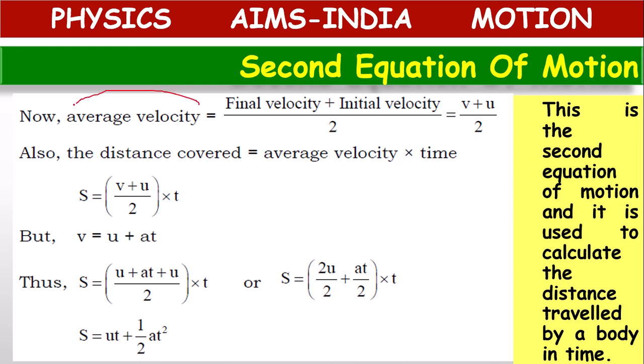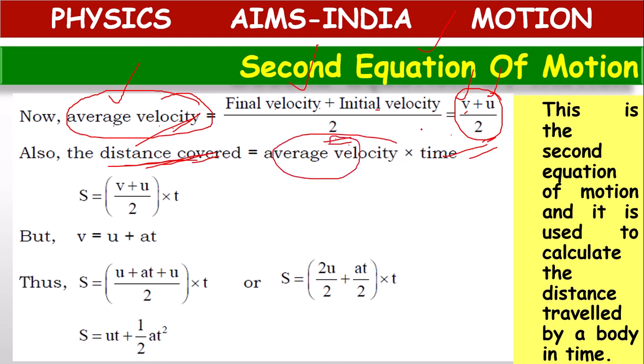So, how to calculate average velocity? For deriving the second equation of motion formula, we are taking the help of the average velocity concept. What is the formula of average velocity? Final velocity plus initial velocity by 2. Final velocity is v, initial velocity is u, so (v plus u) by 2. This is the formula for average velocity. But what is the normal formula for distance covered?